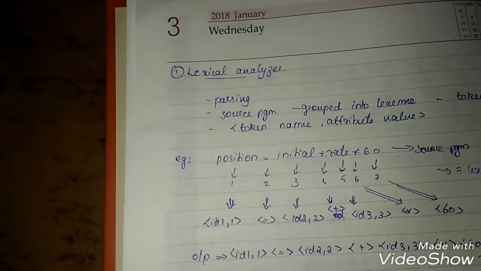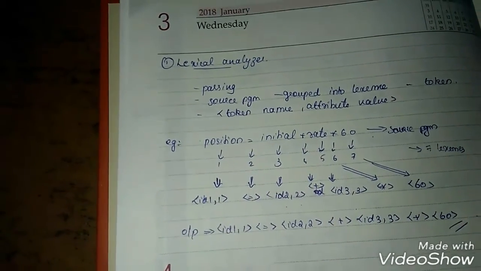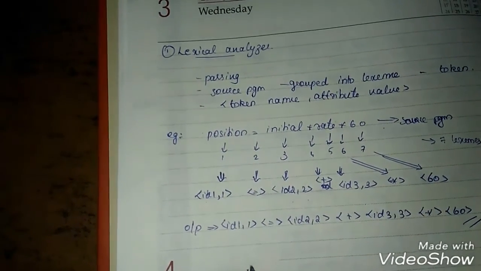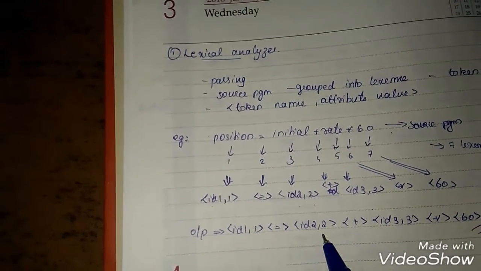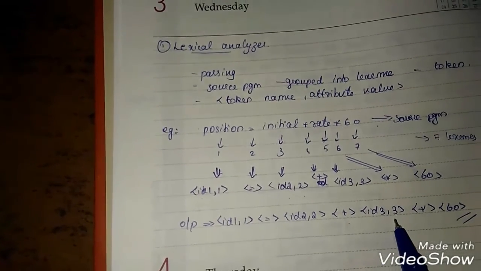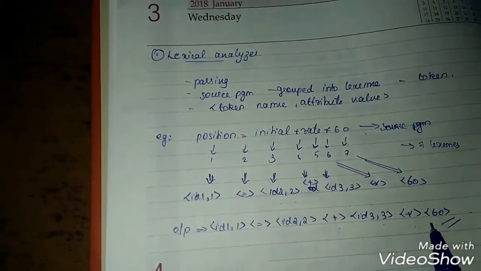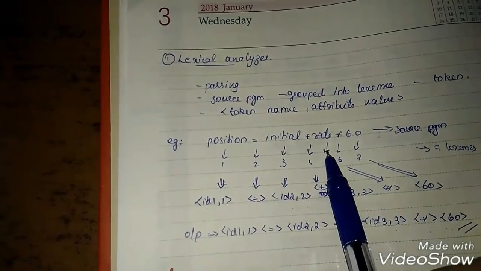Now, the output of the lexical analyzer, or phase 1 of a compiler, would be the stream of tokens generated from the source program: id 1, 1, equal to, id 2, 2, plus, id 3, 3, star, 60, which is produced from the source program position = initial + rate * 60.